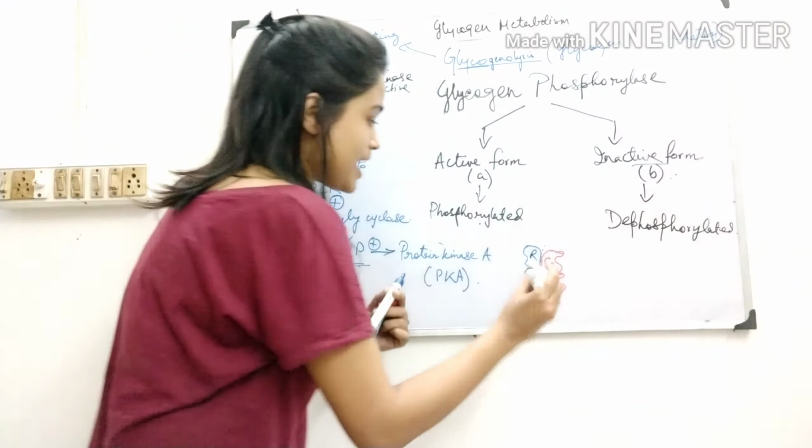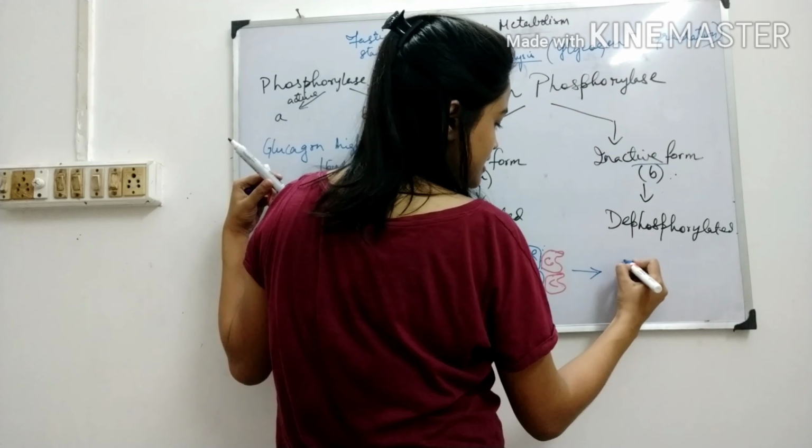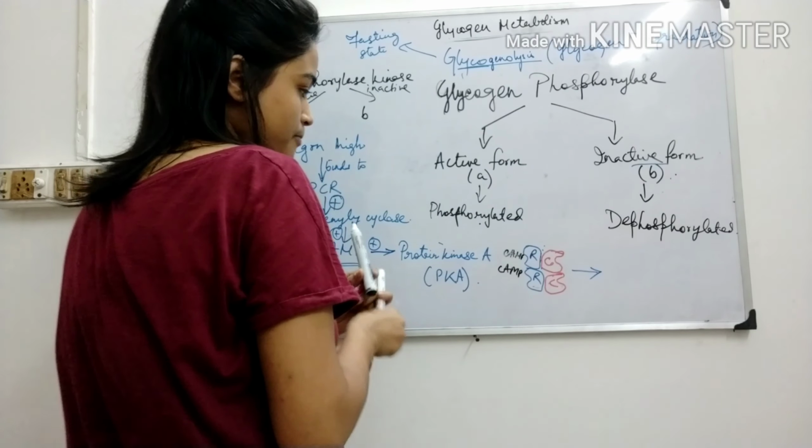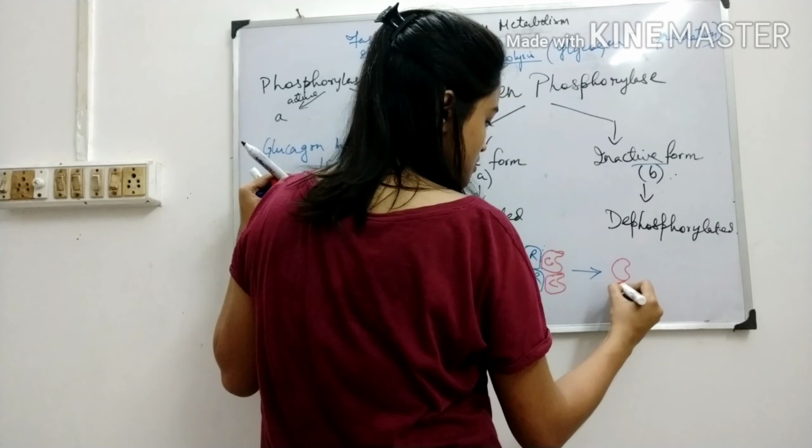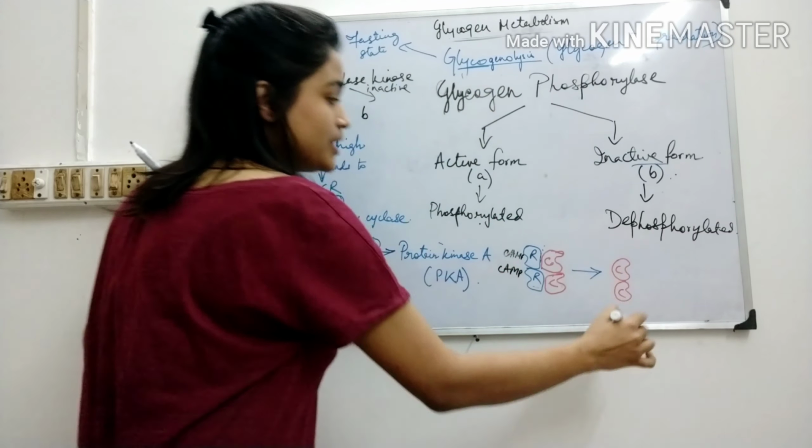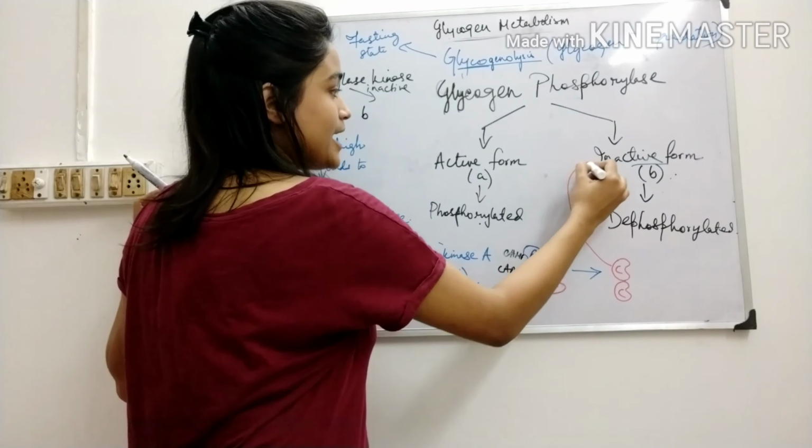So as soon as this cyclic AMP is bound to the regulatory subunit, it will lead to the release of the catalytic subunit. I am just drawing the catalytic form. This will now act on the inactive form of glycogen phosphorylase. So it will act on glycogen phosphorylase B, which is the inactive form.